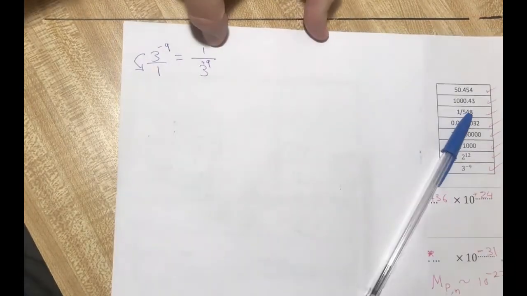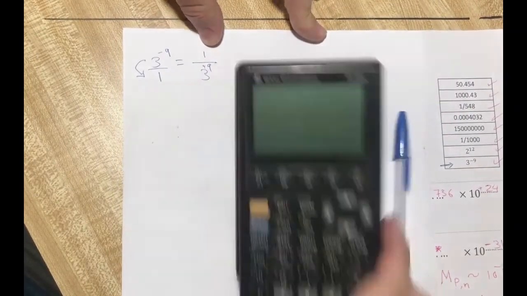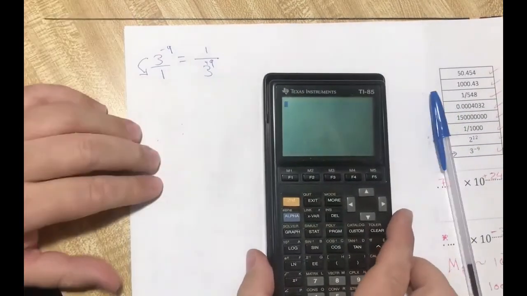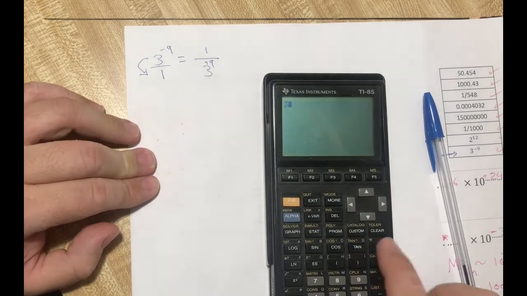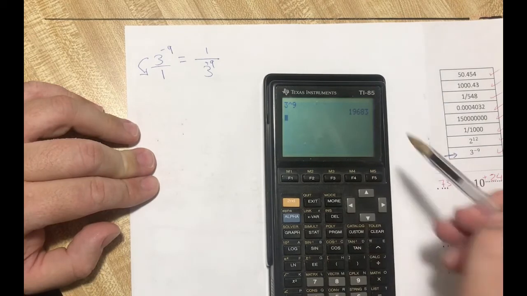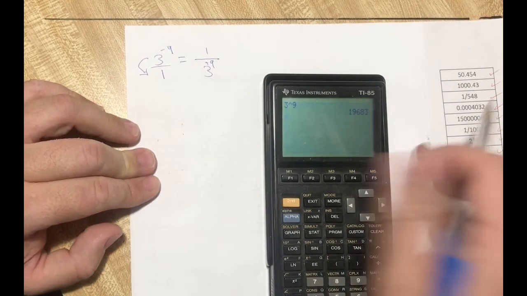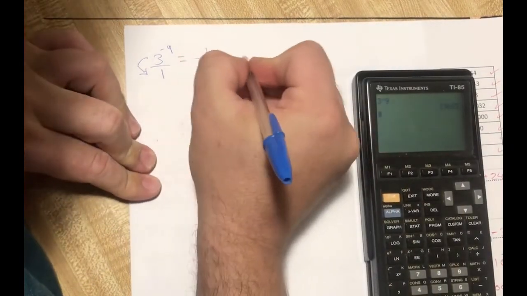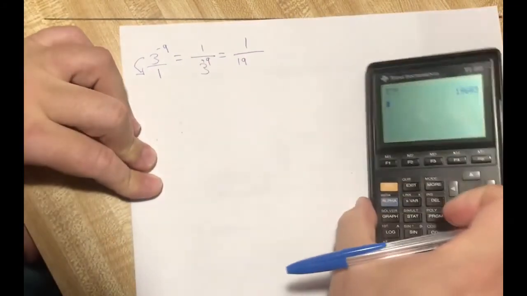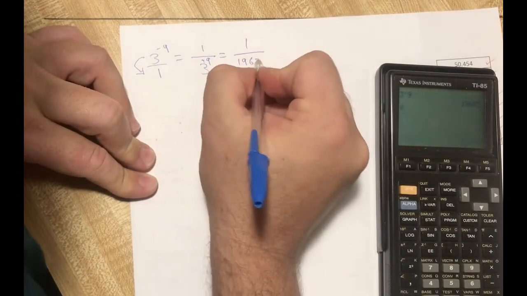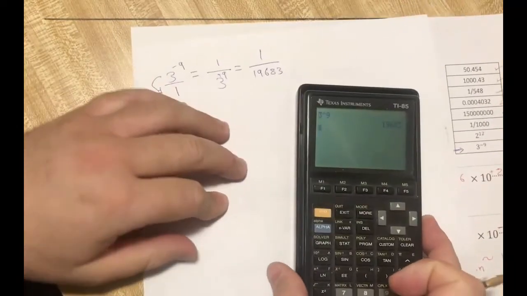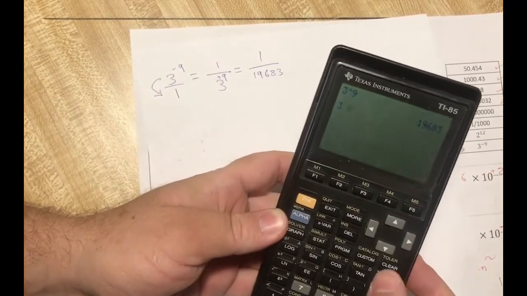Okay, I will use my calculator to find how much 3 to 9 is equal to. 19,683, which is equal to 1 over 19,683. Okay, how much is 3 to minus 9?